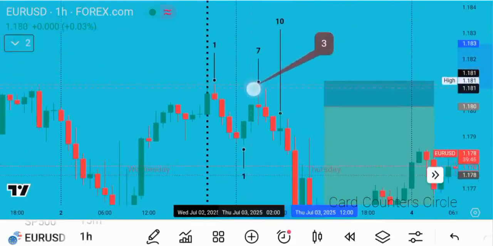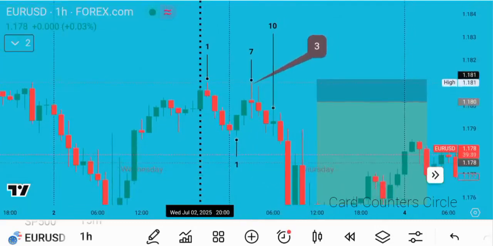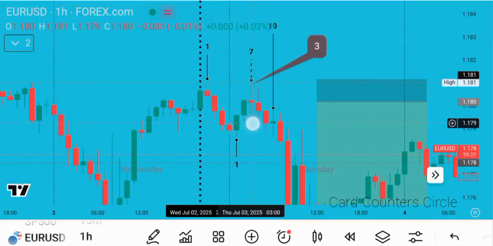So this is it right here. 3 and 7 in collision, and we already have it on the 1 time frame, right? We've already counted from this region right here up into 7, and we know that it's in divergence with 3.